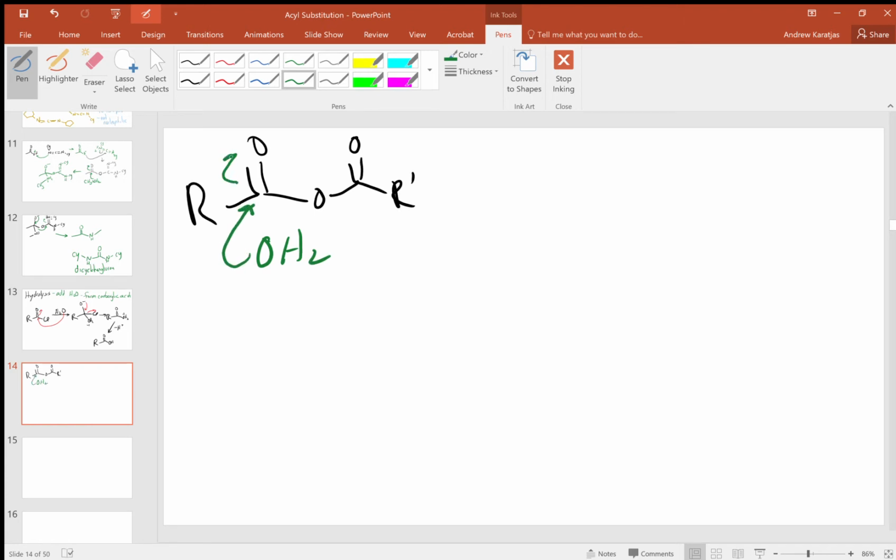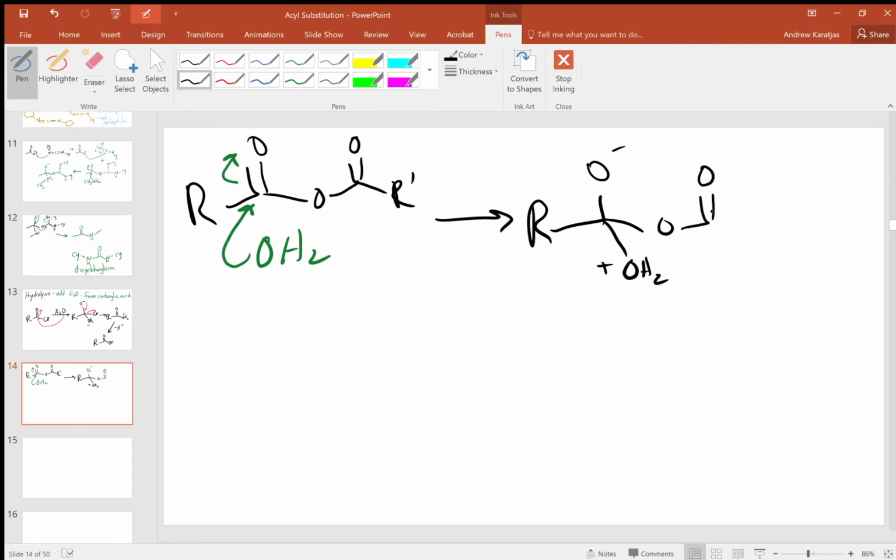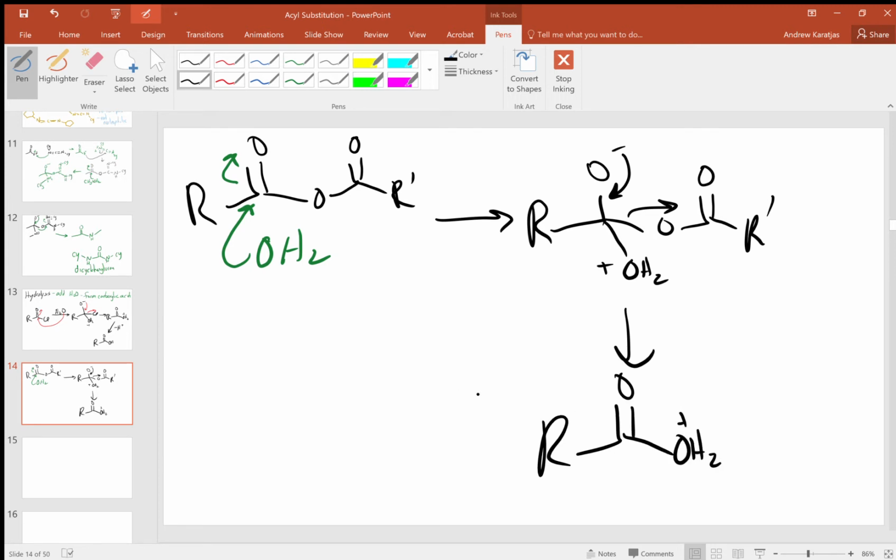So as we said, the reaction here for the anhydride is exactly the same. Water attacks, we form our tetrahedral intermediate. The tetrahedral intermediate breaks back down, kicking out our leaving group, giving us our protonated carboxylic acid again, which loses a proton to give us the product.